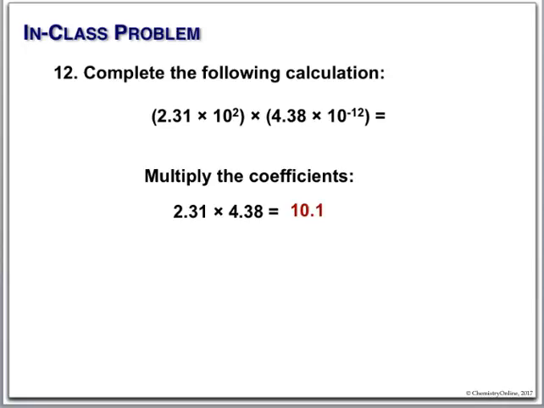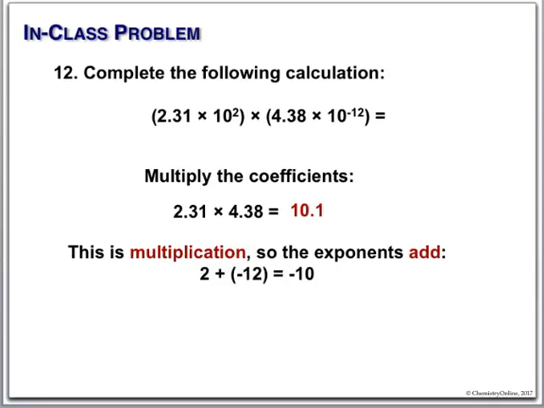Next, we're doing multiplication, so the exponents are going to add. So we have a plus 2 and a minus 12. So our exponent is minus 10. So the answer should be something like 10.1 times 10 to the minus 10.